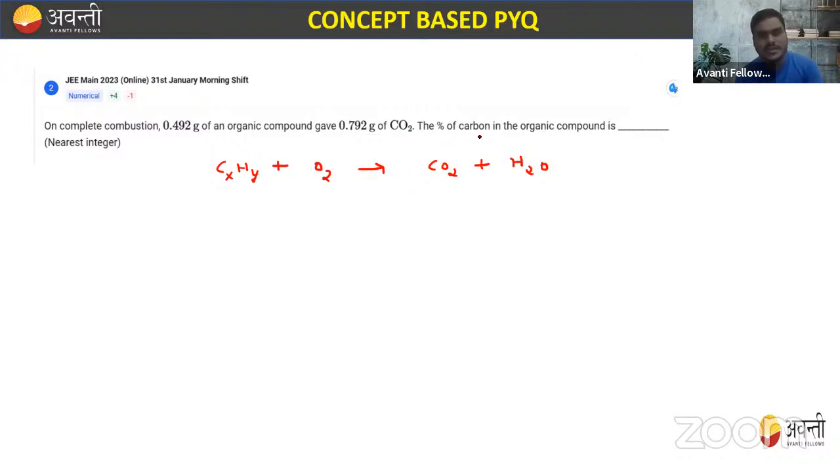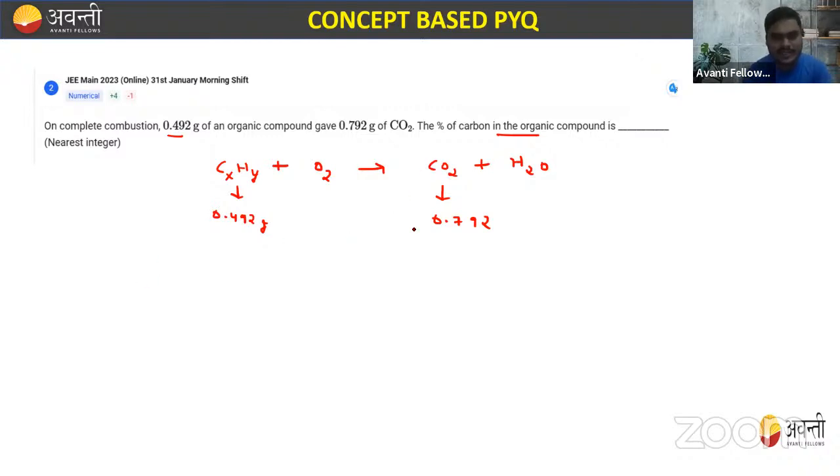So they are asking what is the percentage of carbon in the organic compound. So on the complete combustion, 0.492 gram of organic compound, इसका mass दे रखा है, gives 0.792 gram of CO2. CO2 कितना दे रहा है? 0.792 gram of CO2. You have to calculate the percentage of carbon in the organic compound.